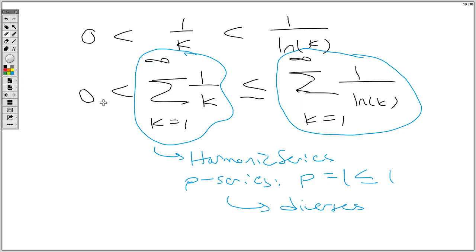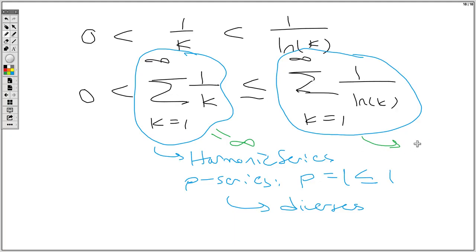And once again, we're adding up a bunch of positive numbers. The only way a bunch of positive numbers, when you add them up, will diverge is if this thing's going to blow up to infinity. And this sum is less than or equal to this sum, so what must happen to this sum here?